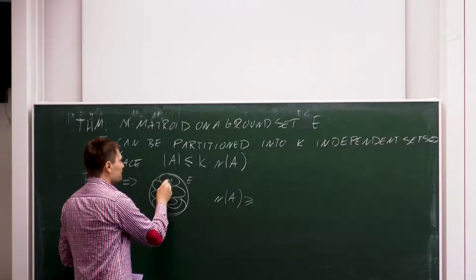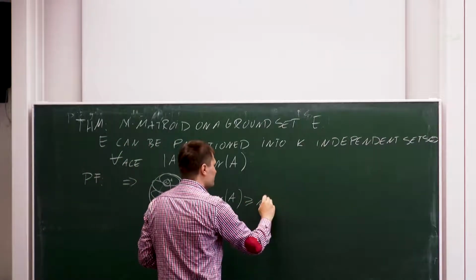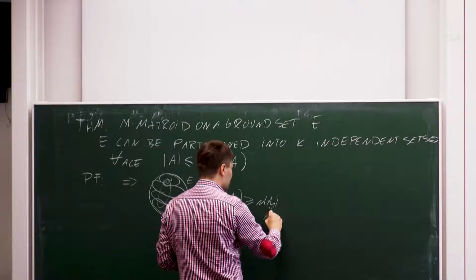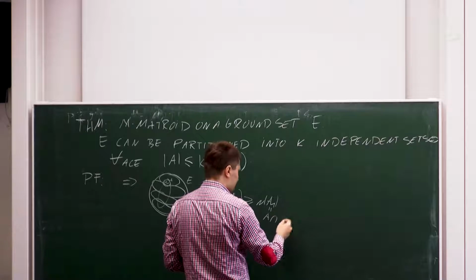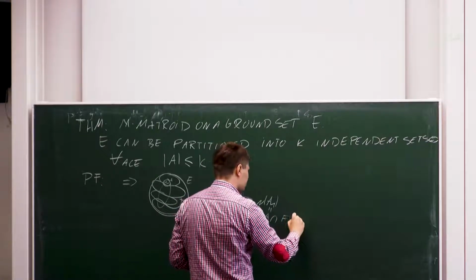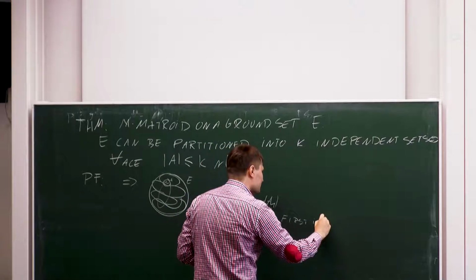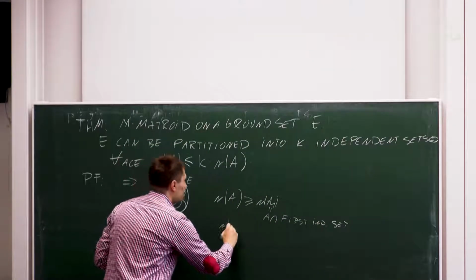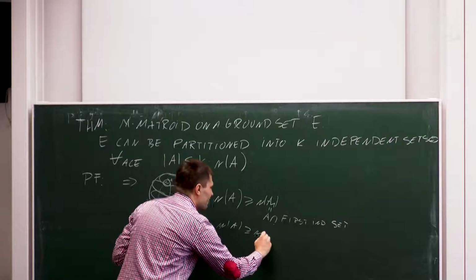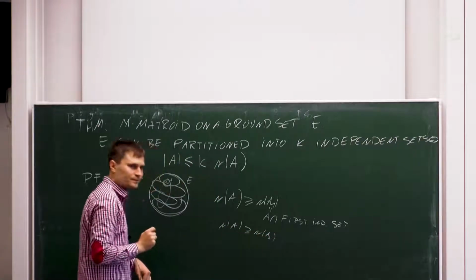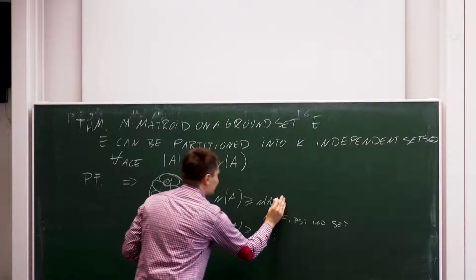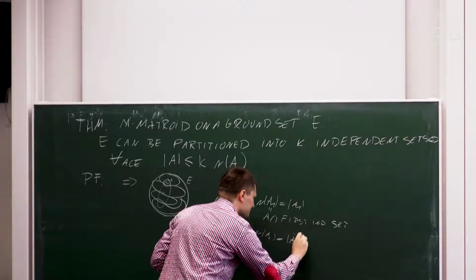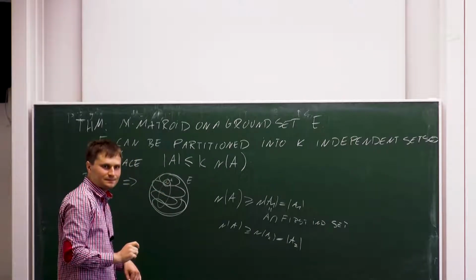So let's call it A1. It's A1 is the intersection of A with the first independent set. The rank of A1 is equal to the cardinality of A1 because it's an independent set. Is it clear?